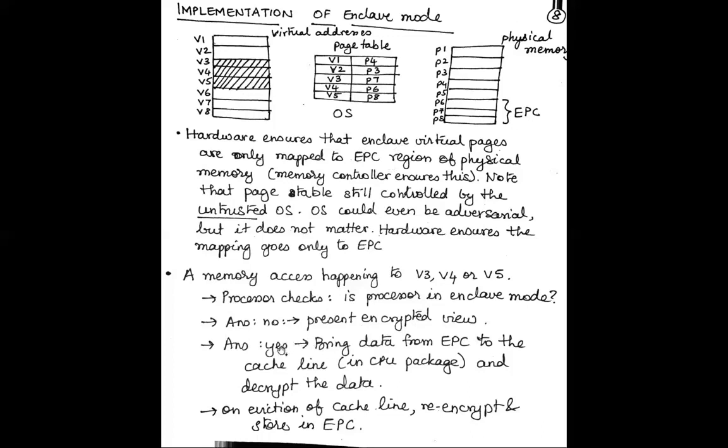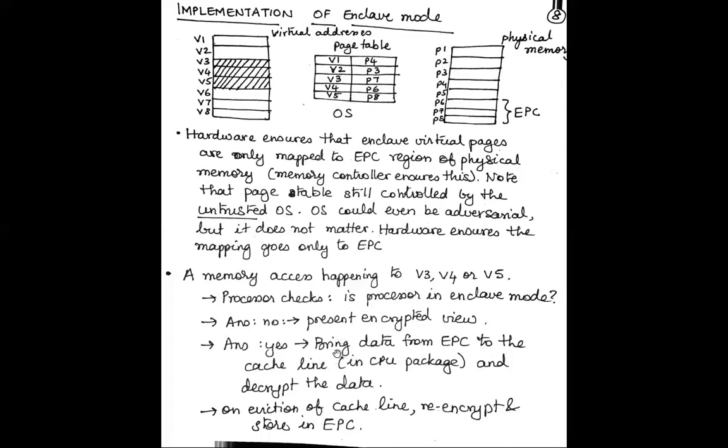And if it so turns out that the answer is in fact yes, that is, a load or a store is actually happening from within enclave mode, which means that code sitting in one of the pages V3, V4, or V5 is trying to access data in pages V3, V4, or V5, then what happens is that, as you know, whenever you try to access data from memory, memory is brought into the cache, and all data access happens within the cache. That's the cache hierarchy.